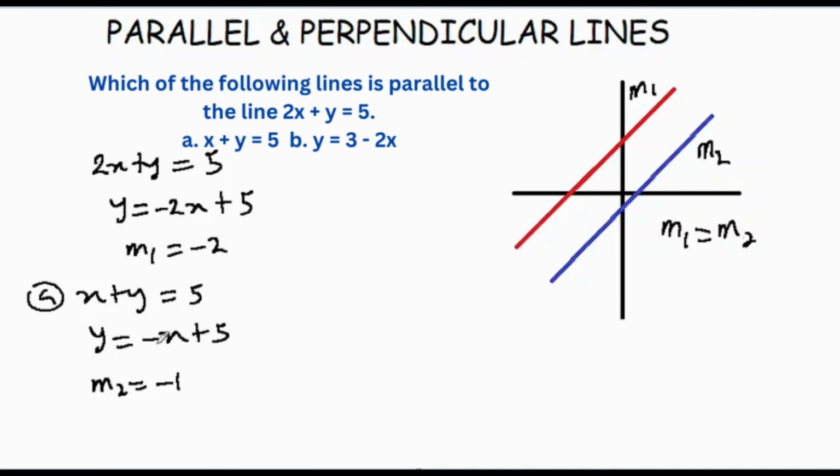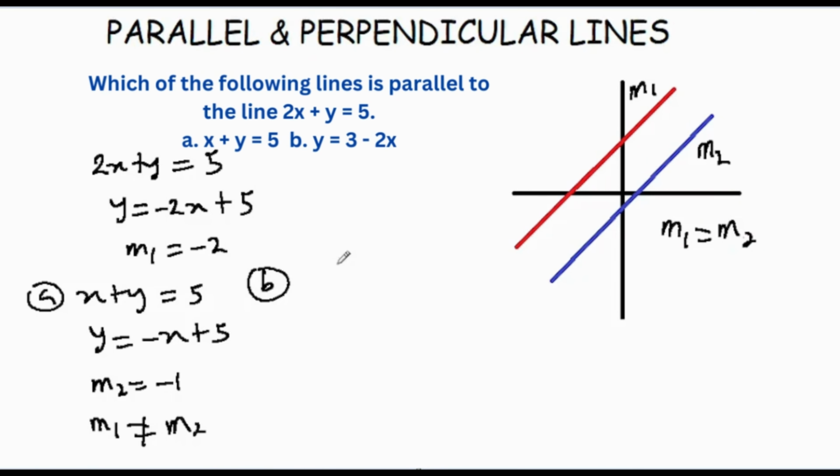The coefficient of x is the slope, which is -1. If you look at it critically now, you will realize that m1 is not equal to m2. Therefore, the line for x + y = 5 is not parallel to the line for 2x + y = 5.